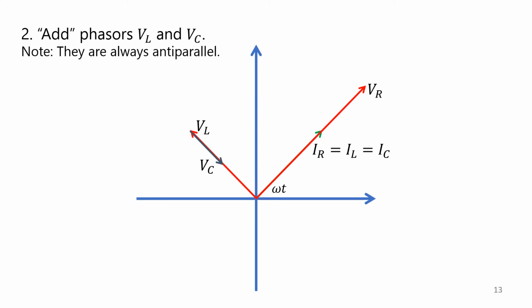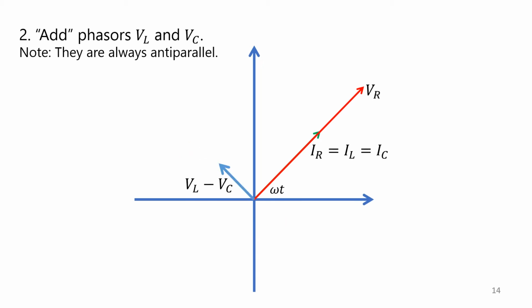Now we could use the head to tail method in reducing our diagram by one phasor. So instead of VC being placed here, we're going to put its tail to the head of VL, similar to what we did with vector addition. With this simplification, we only have two phasors left to add, VR, the longer one, and VL minus VC.